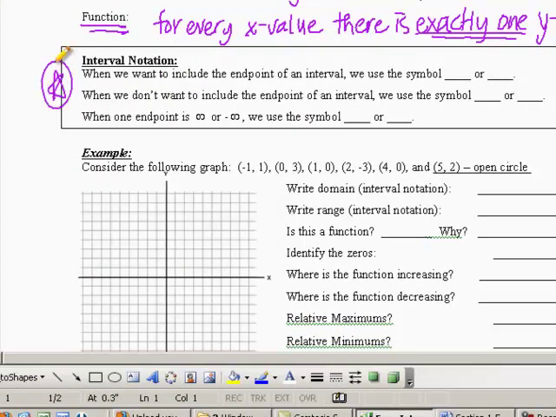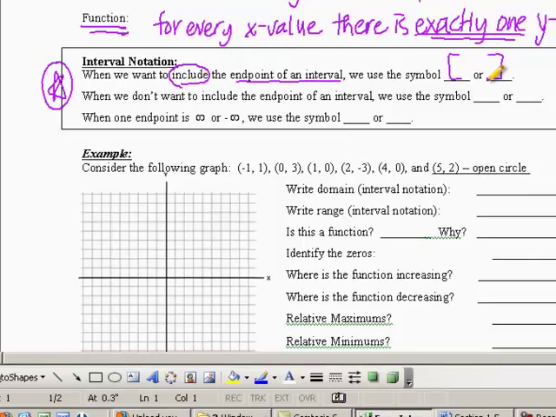This boxed in area is the new material. It's not that you haven't done it before, but we're looking at this a little bit differently in pre-calc than we did in Algebra 2. One thing we want to talk about is, if we talk about domain and range, or increasing and decreasing, we want to talk about the endpoints of an interval. And if you want to include the endpoints, we're going to use brackets.